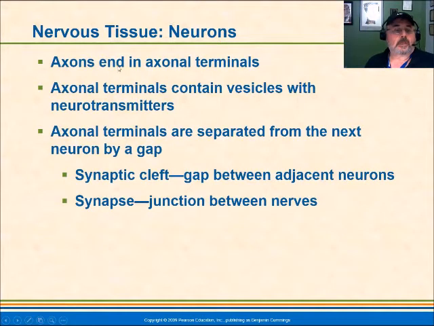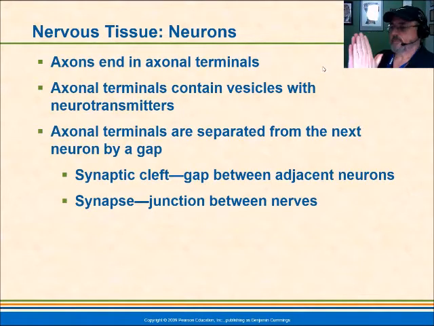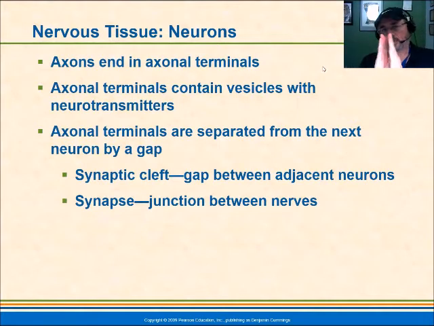Now, axons don't touch other axons or other cells. There's actually a very small gap in between the axon and the next cell. And so an axon ends in this thing called an axonal terminal, and when a signal goes down the axon, it actually causes a release of neurotransmitter into that tiny little space.